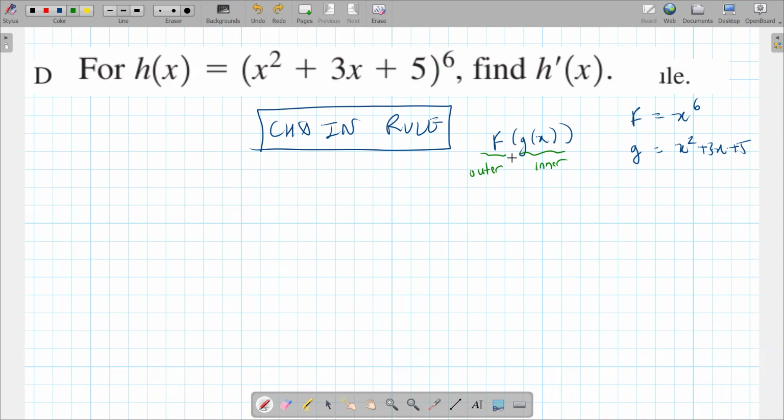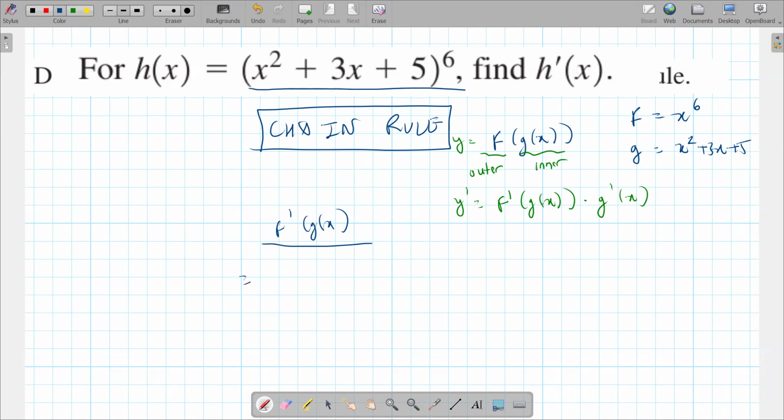So if you have it in this form, chain rule says y prime is f prime of g of x times g prime of x. Let me show you what this means. F prime of g of x means the derivative of the bigger picture, of the outer function.